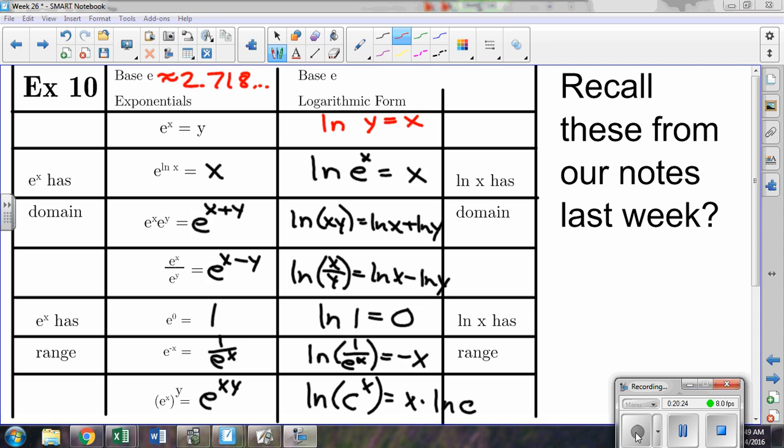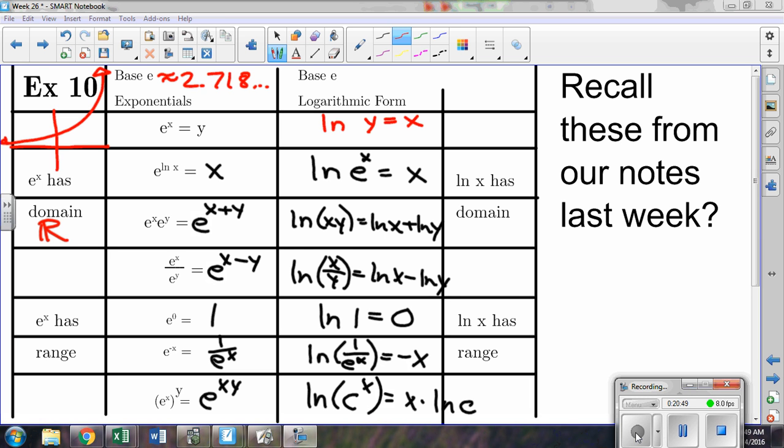e to the x has the domain. Well, remember what its graph looks like? The graph of e to the x looks like this. So what are the x values that work? All of them. e to the x has the domain of all real numbers. Every x value can be plugged in.